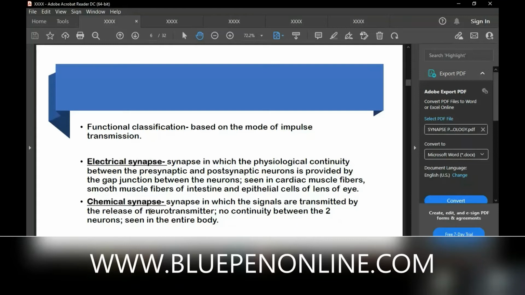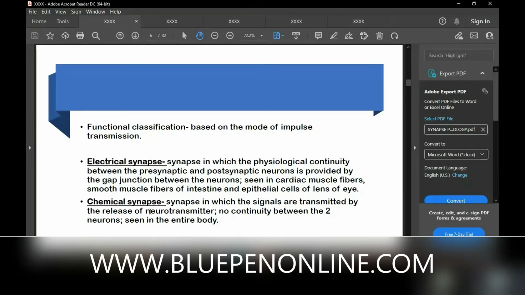The information coming from the presynaptic neuron will directly go into the postsynaptic neuron. There is no need for the release of any neurotransmitters. They can communicate directly because they have a connection, so information can easily spread from one neuron to the other.